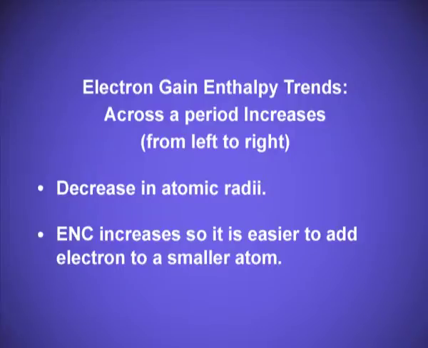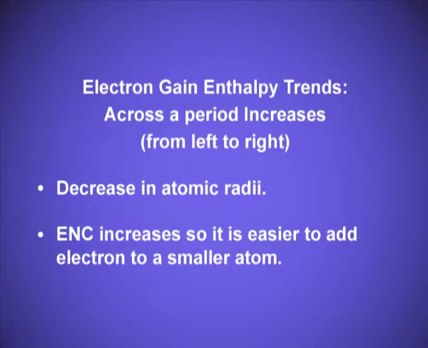First of all, across a period. Electron gain enthalpy increases across a period. It is because of the decrease in the atomic radii from left to right in a period. When the size decreases, it is easier to add the electron, and effective nuclear charge increases, so it is easier to add an electron to a smaller atom.